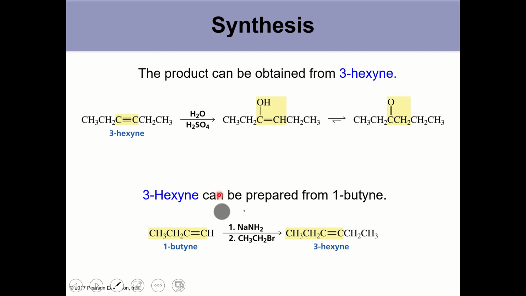The 3-hexyne can be prepared from the 1-butyne by taking sodium amide and ethyl bromide to make the 3-hexyne. So this is the exact same series of reactions that I went through on the previous slide. 1-butyne, sodium amide, then ethyl bromide, giving the 3-hexyne. The 3-hexyne treated by acid-catalyzed hydration gives the ketone final product.